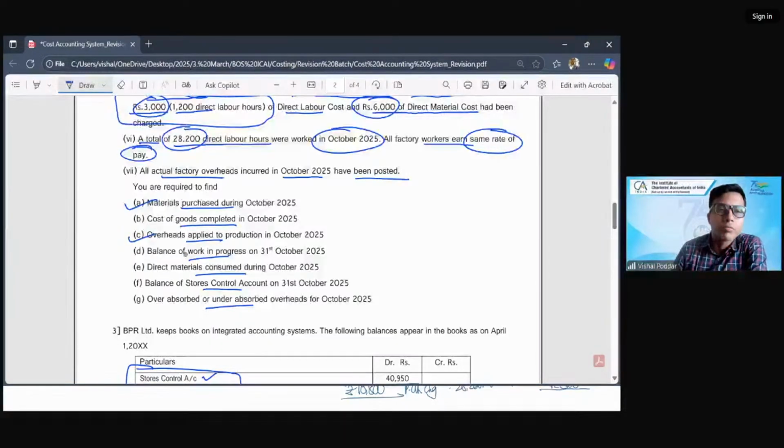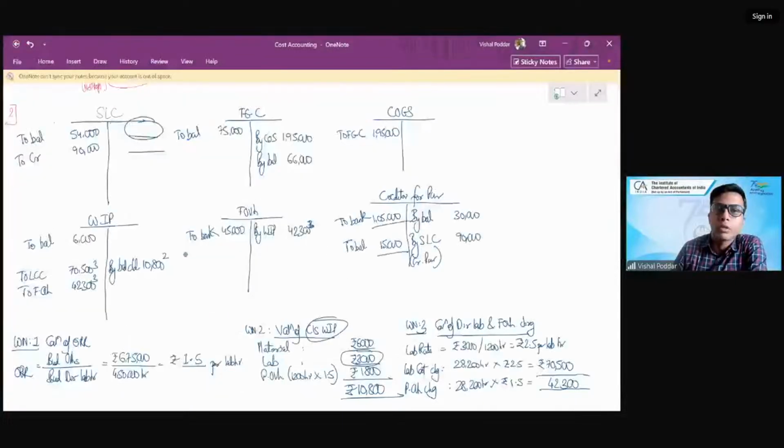I need material used for production plus closing. So two things are missing. So this I cannot find out as of now. In WIP, you have opening, you have labor, overheads, you have closing. No, you cannot find out from WIP also.